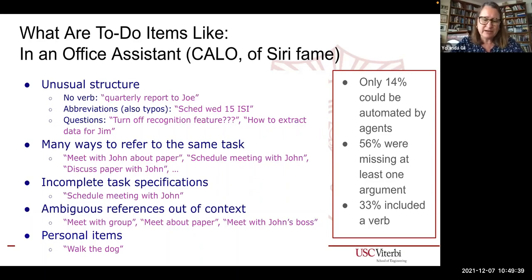Sometimes they use many different ways to refer to the same task. Sometimes they're very incomplete. They're just a note or a reminder. They're very ambiguous, and many times they include personal items. So we did a lot of studies of what the to-do list looked like and what kind of knowledge would we need to supplement them.